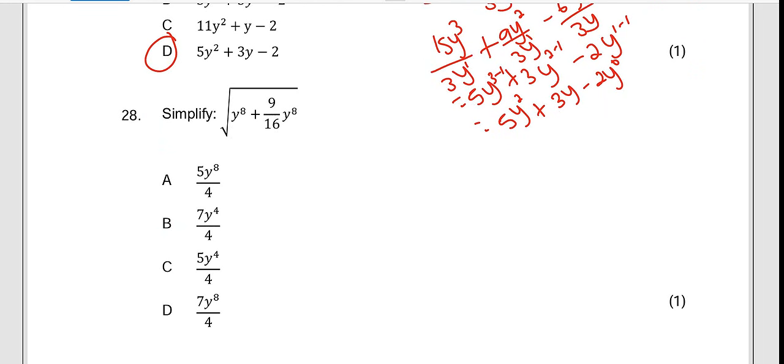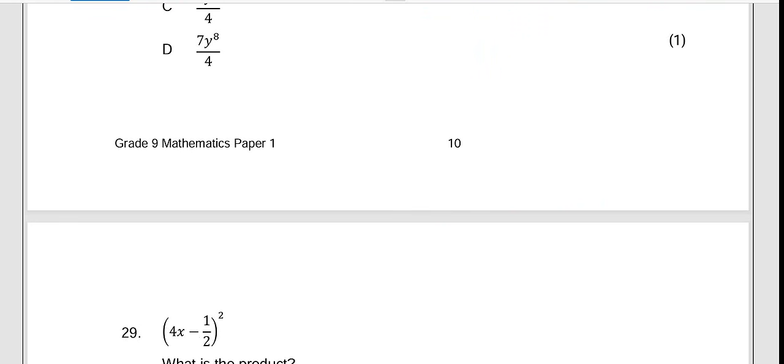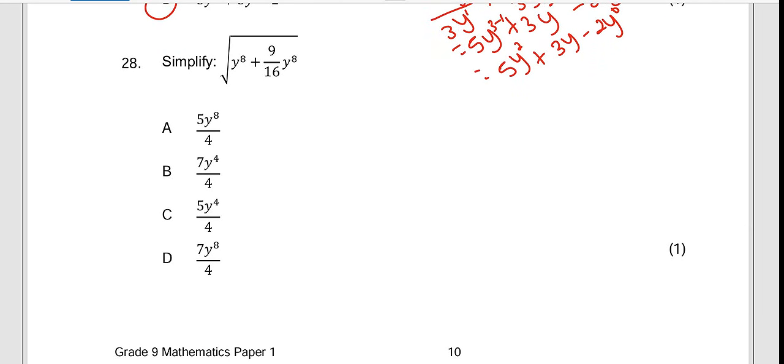Now let's proceed to number 28. It says simplify. So what we're going to do here, everything is going to take an exponent. I'll start by adding the like terms first, guys.